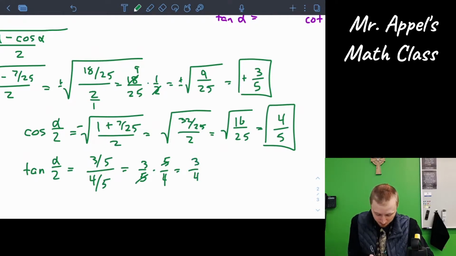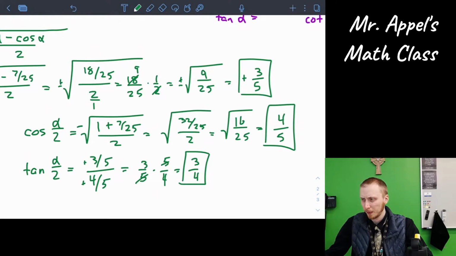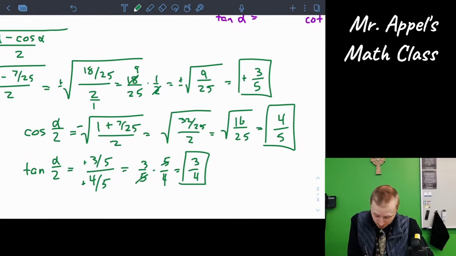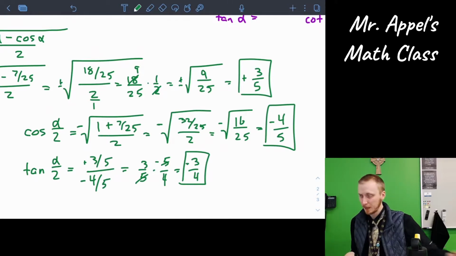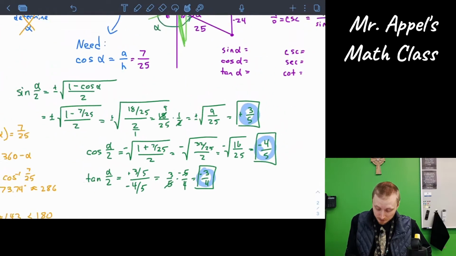Include your signs in there just in case. Positive over positive should be positive. No, this was negative. I'm sorry, this one was negative. See, double check your signs. So that goes there, and this one is negative. There's our final answer. Whew!